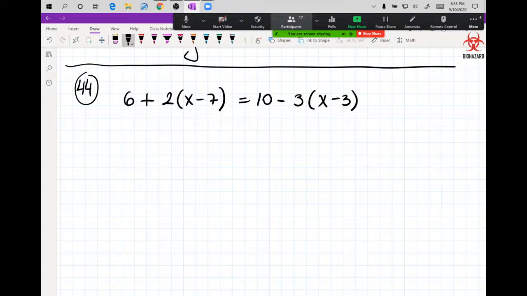No, it's not. So if you got 7, it's wrong. 7 is definitely not the answer. Did anyone get 13 over 2? Okay, good. That's also not the answer. There are infinitely many numbers that I can list.